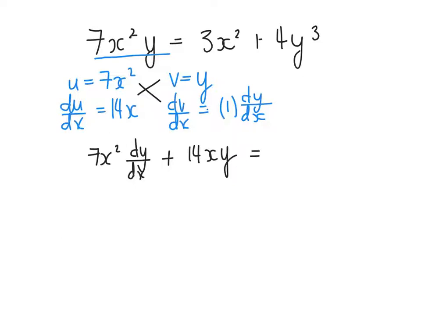The first term of my right hand side, my 3x squared, goes to 6x, and my second term, well, I'd like to pretend that it was differentiating with respect to y, which would give me 12y squared, but since I've changed my variable, I need to remember to put a dy by dx on it. And that's it, implicit differentiation.